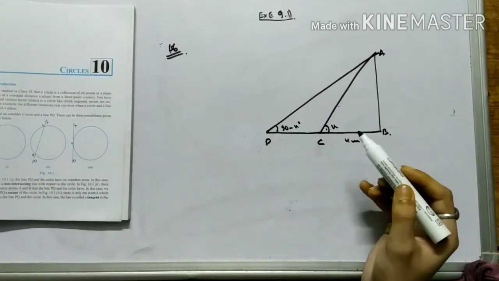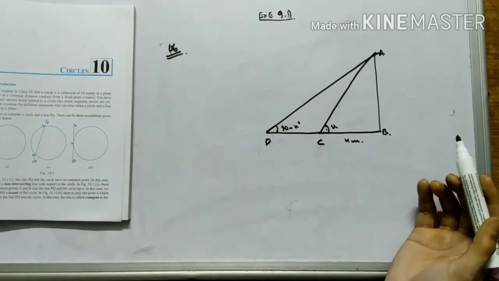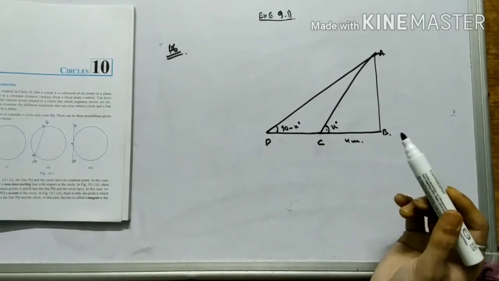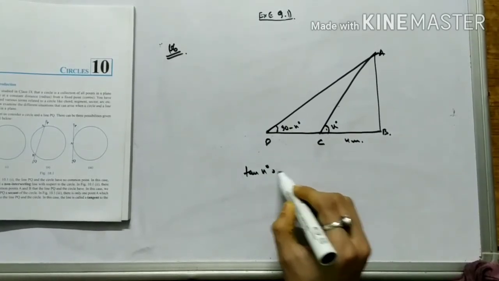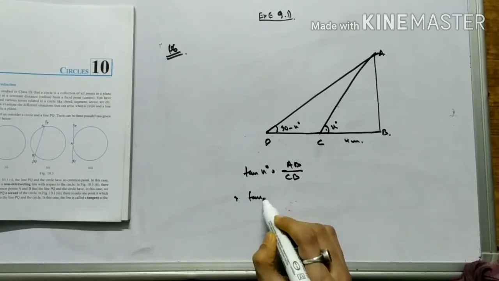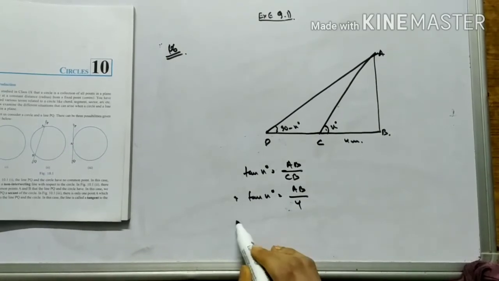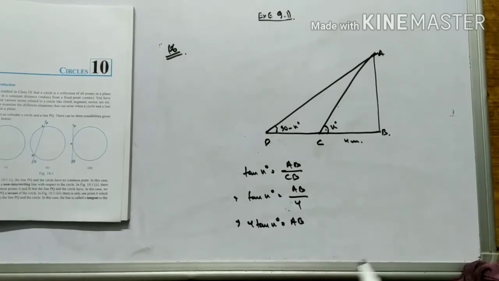If I add these two angles, I will get 90 degree. So in here I will use tan x is equal to AB by CB. So tan x degree is equal to AB by 4. So 4 tan x degree is equal to AB.